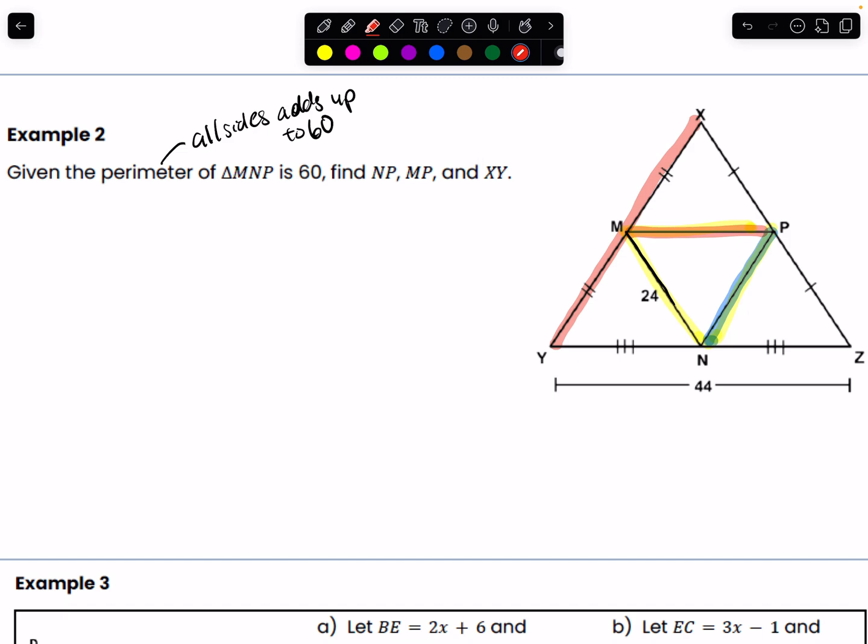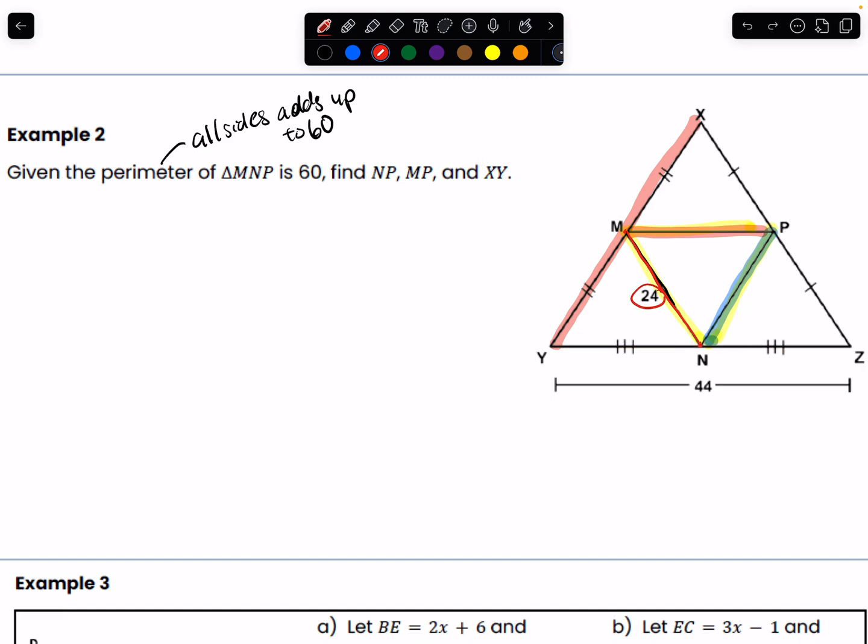Now, we're only given one piece of information other than 60 here, which is that MN equals 24. Now, if we take a look at it, you'll realize that MN right here is actually a midsegment because M is the midpoint of YX and N is the midpoint of YZ.